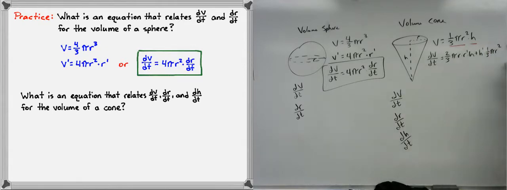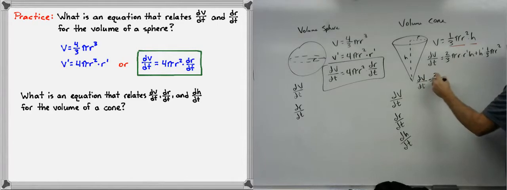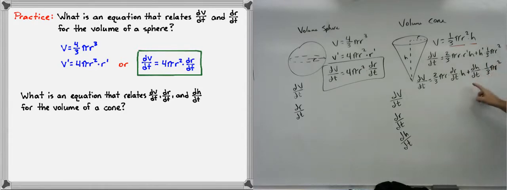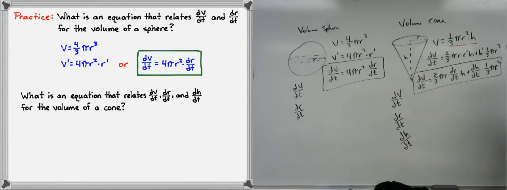Okay, so that is the relationship, and I'm mixing up my notation here, Leibniz form, Newton's form. So let me rewrite this. dv dt is equal to 2/3 pi r times dr dt times h plus dh dt times 1/3 pi r squared. And then we could probably simplify that a little bit, put that coefficient out front there. That should be an r. Maybe you could factor something out, I don't know. But that is the relationship between all of that.